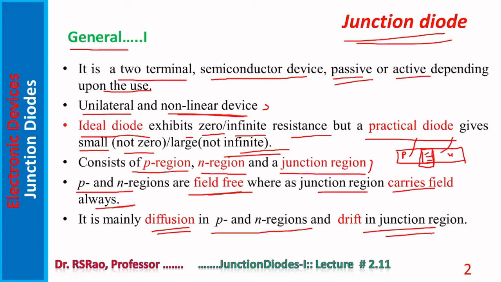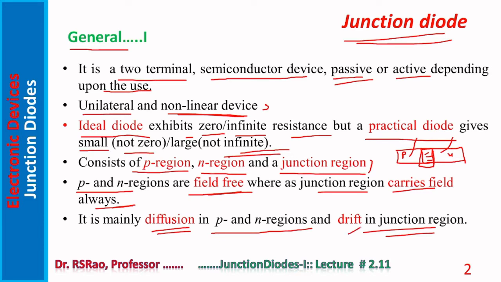Diffusion. Notice it leads to existence of certain amount of current. So diffusion leads to current. This process exists in P and N regions.